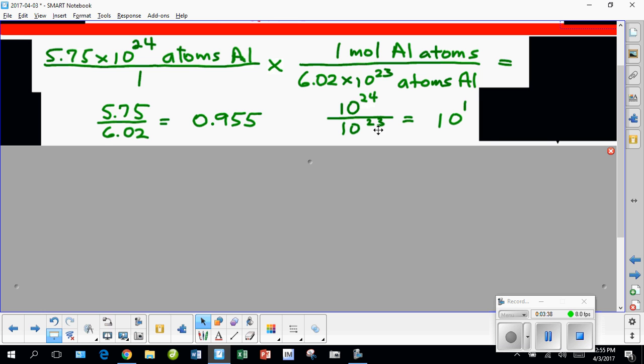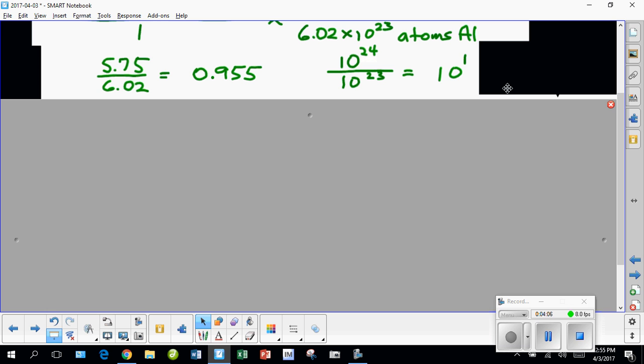If we were multiplying these two, it would turn out to a power of 46, because exponents are actually being added instead of subtracted when we multiply. Subtracted when we divide, added when we multiply. That's probably a better way to say it. I think that came out backwards. So I just wanted to correct that, especially for our video.